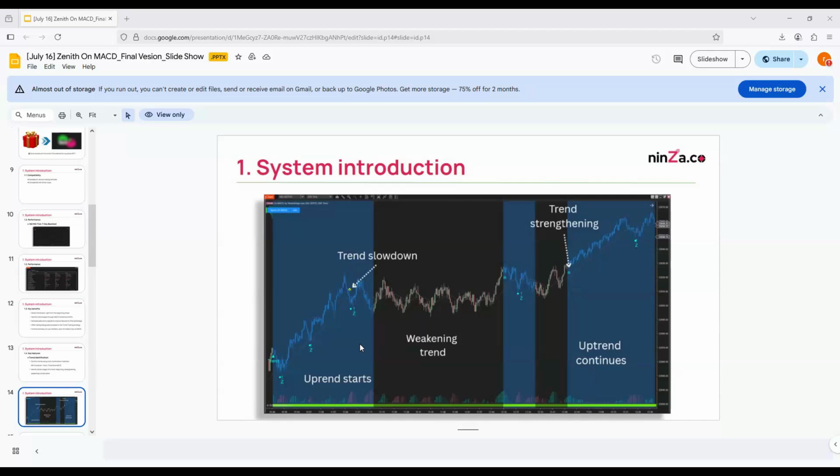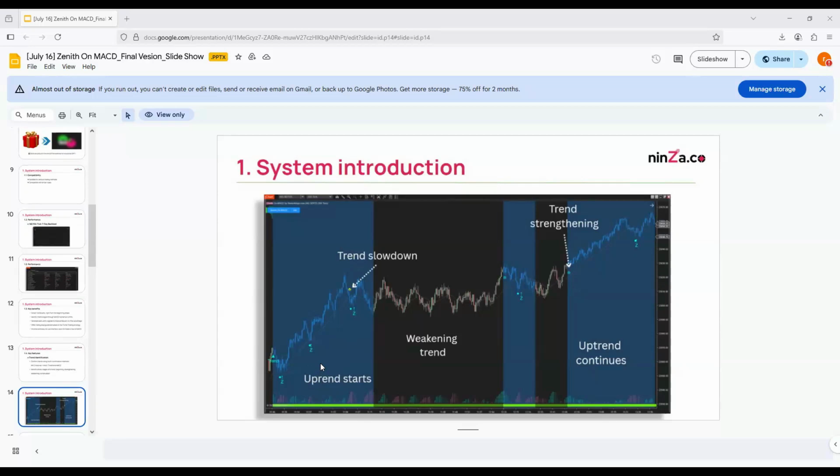Again, with NINZA code, they make everything very visual, so it's very easy to see, for example, that we are in an uptrend, and so only long signals will be painted, and that's what we're going to be looking for in an uptrend. We're going to be looking for pullbacks to buy, always pullbacks to buy in an uptrend.